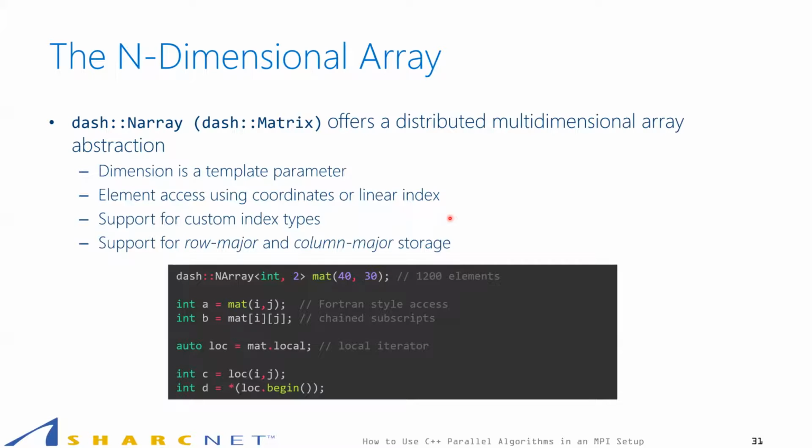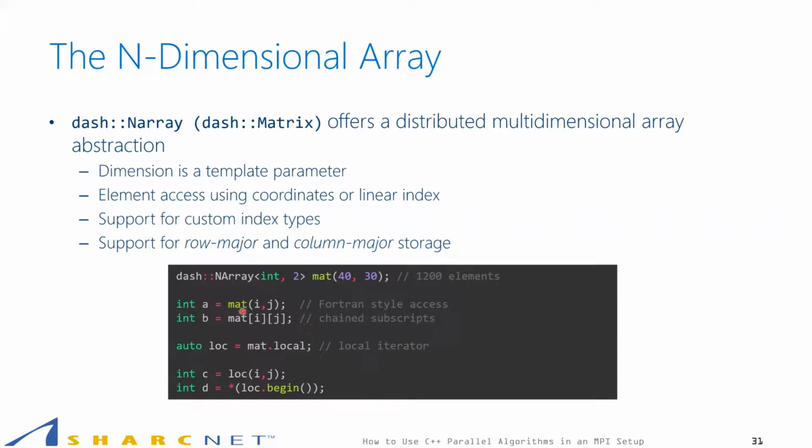The n-dimensional array, which is NArray, also has a synonym, which is dash matrix. It represents an n-dimensional array in Dash. The first argument for the template is the type of data, and the second one is the size of the n-dimensional array.